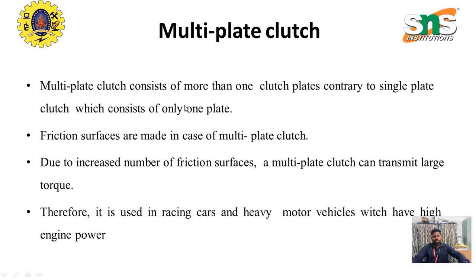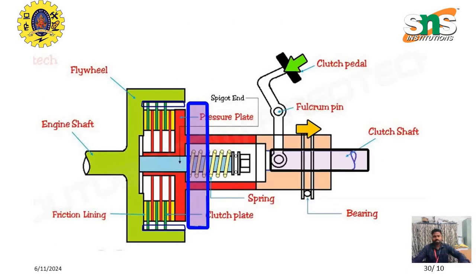Here in the diagram, this is the multi-plate clutch. We have the common components like the flywheel, pressure plate, clutch pedal, clutch shaft, and bearing. These are the common components, as in the single plate clutch.